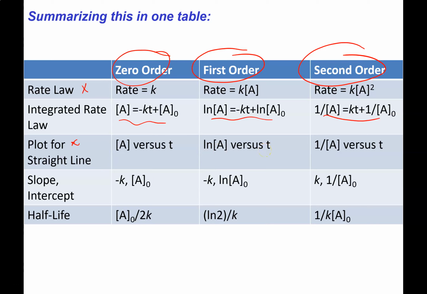Again, if that has a negative slope and is linear, then you've got a first order process, and you can plot 1 over the concentration against t, and if that is linear and has a positive slope, you've got a second order process. Once you've identified whether it's zero, first, or second order, look at your slope, because that's going to give you your rate constant.